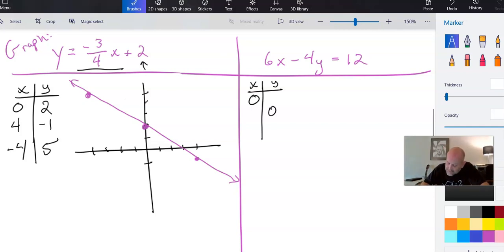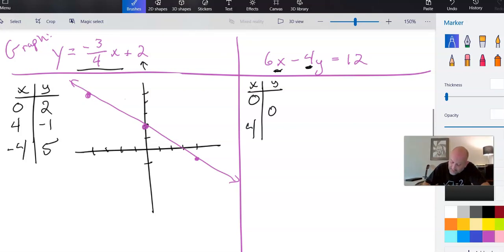So I plug in zeros, and it looks like probably whatever's going to happen here, if I plug stuff in for x, I'm going to be dividing by 4 at the end. So maybe if I just plug in 4, we'll see what happens. So I'm going to plug in 4 for x for this last part, just because when picking the x, it's a good idea to use the coefficient of y. That's all. So let's see what we get.